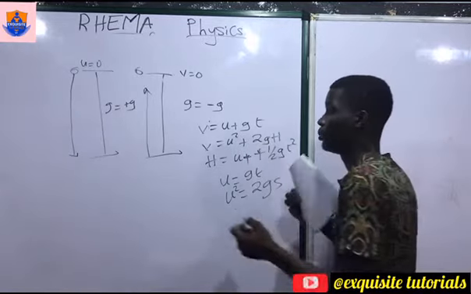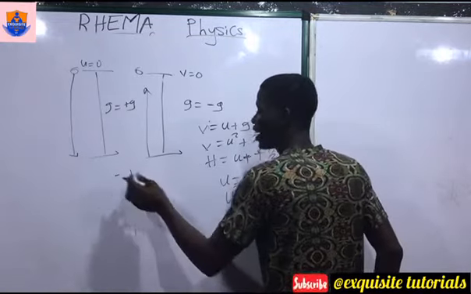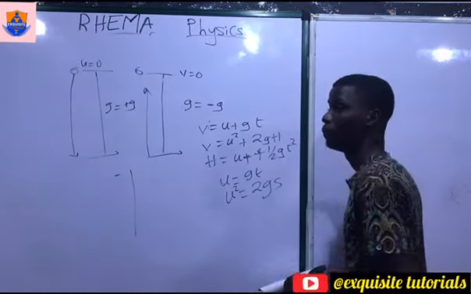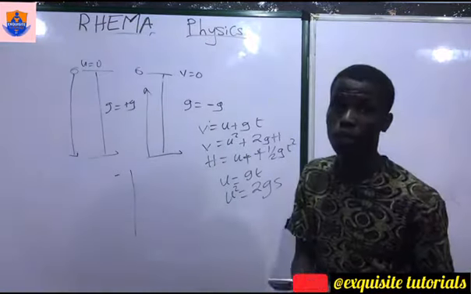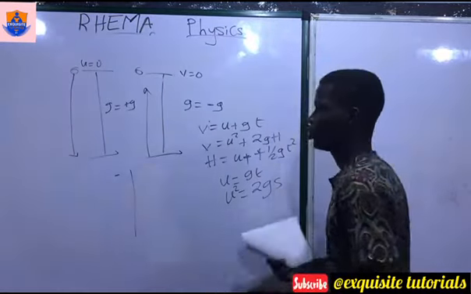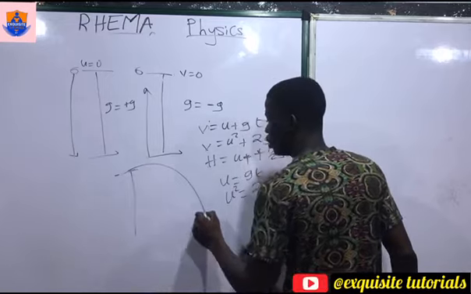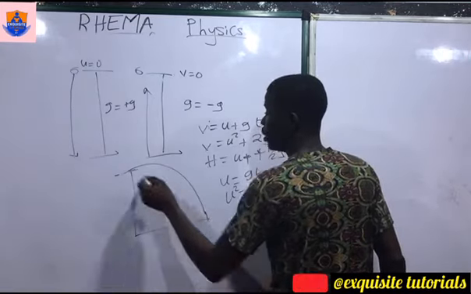Then horizontal displacement. All these ones are one-dimensional types of linear motion. For this one, when you are throwing a body from a height, it's being displaced in this direction.